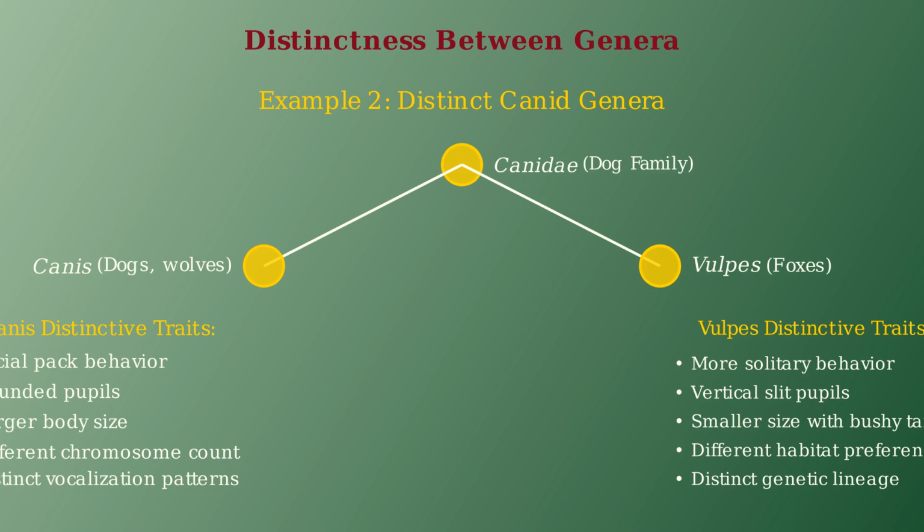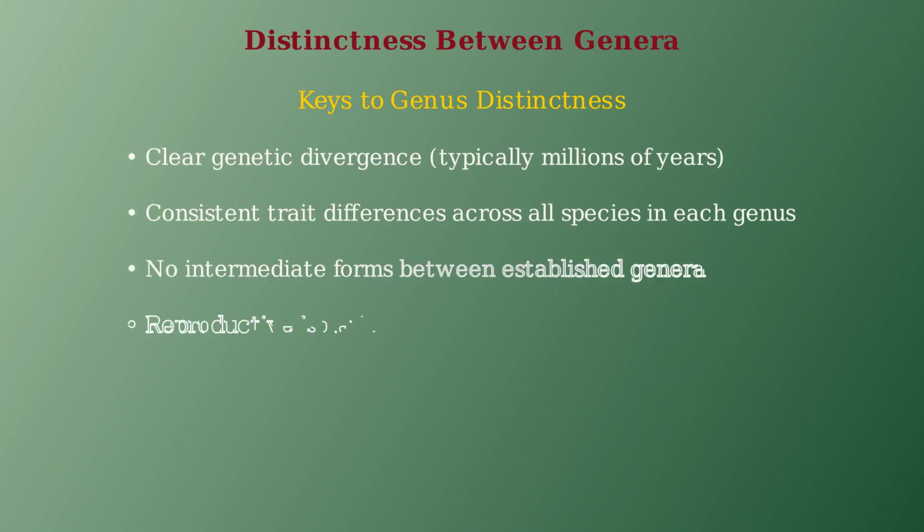In contrast, Vulpes species are more solitary, have vertical slit pupils, are smaller with bushier tails, prefer different habitats, and represent a distinct genetic lineage that diverged millions of years ago. To summarize, genera are considered distinct when they show clear genetic divergence, typically representing millions of years of separate evolution.